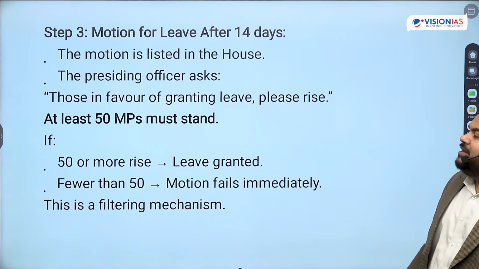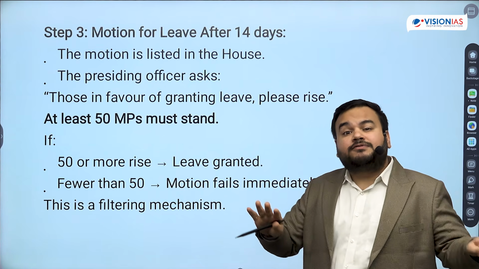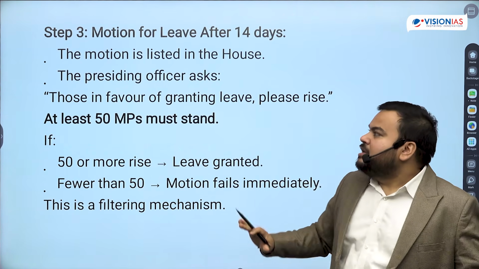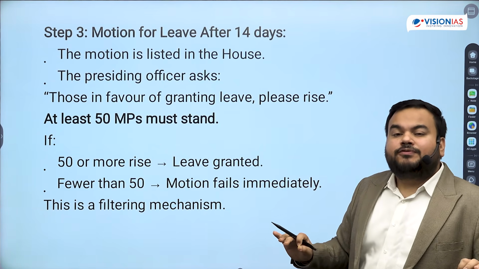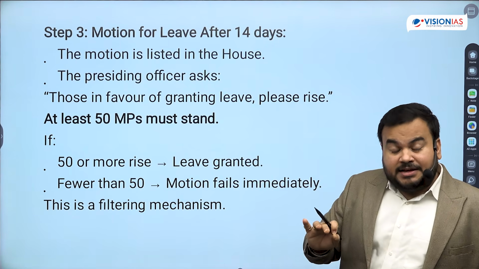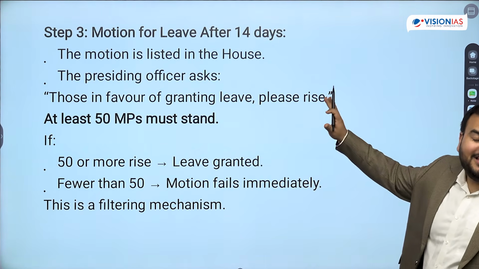After this resolution has been accepted, as I discussed, after 14 days the leave of the House is required. So what is the meaning of leave of the House? Whether a motion of removal is going to be admitted or not is determined by the following criteria.